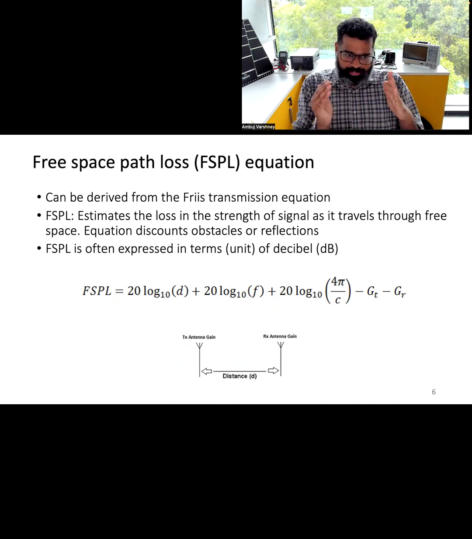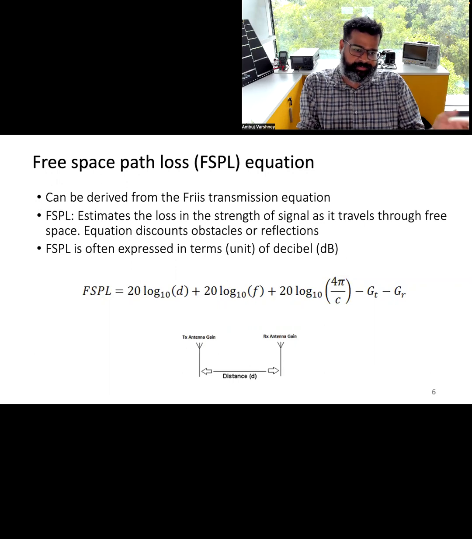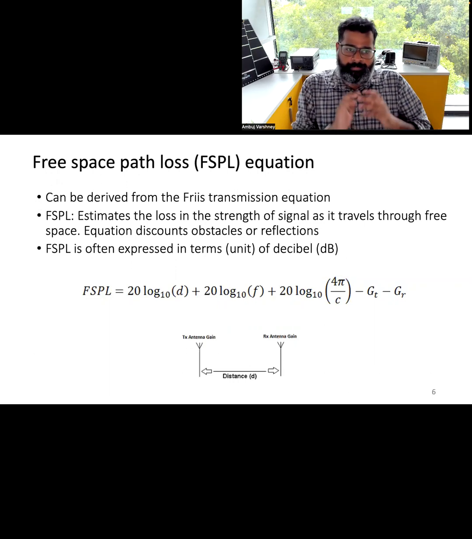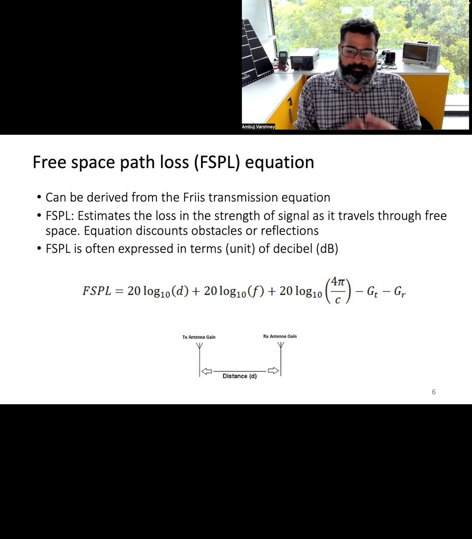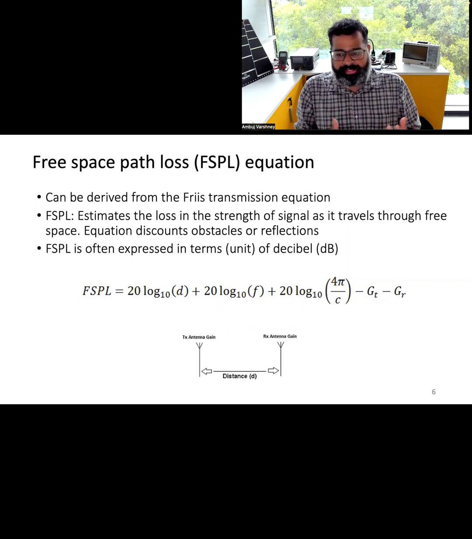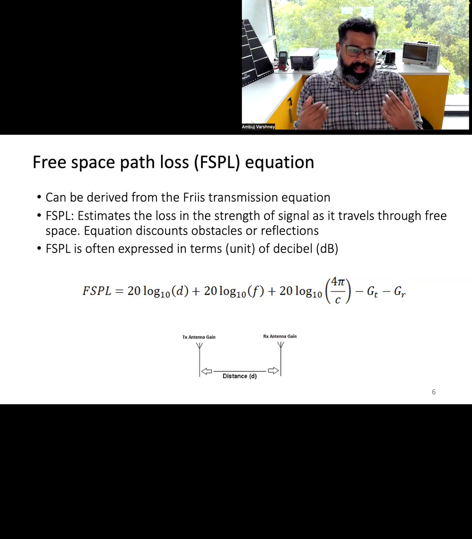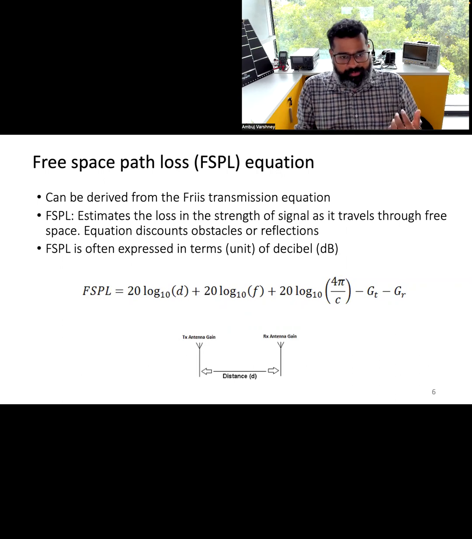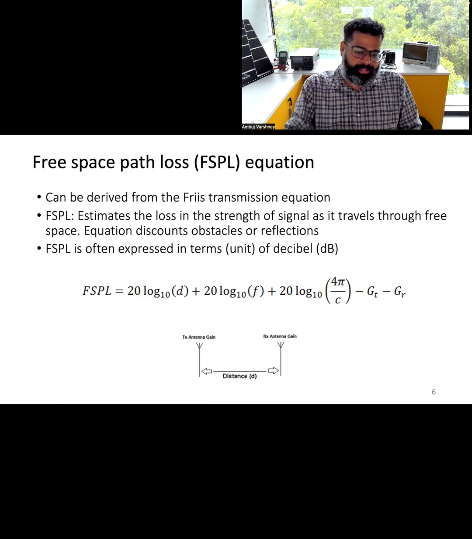So any signal, for a particular distance, a particular frequency, and particular transmit and receive gains, would encounter similar losses. Free space path loss is a simple yet very accurate method of predicting signal loss in wireless communication systems, and it's very widely used. There are even calculators available online that will help you estimate how much loss a signal would encounter when propagating from a transmitter to a receiver.